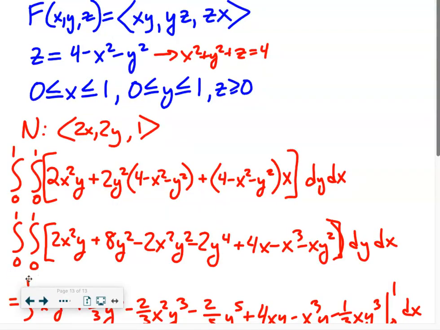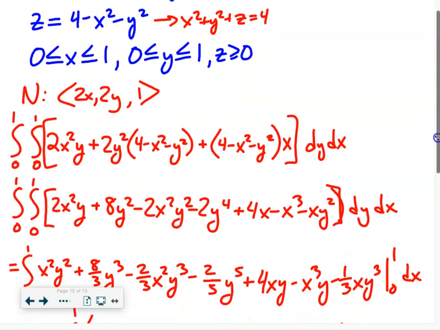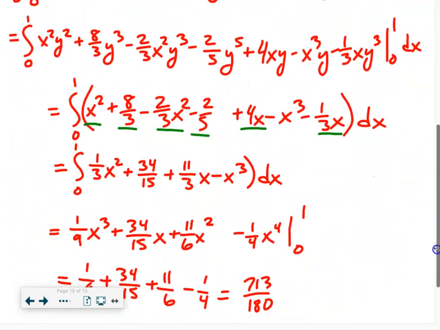A regular surface integral is just f dot n. Remember, it's the one where you do the negative partial x, negative partial y, but I always just do regular n. So I just did the integral of f dot n over the area of the surface projected onto the xy plane, and just did a whole bunch of math.